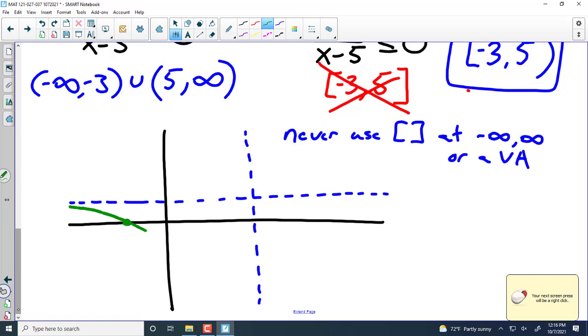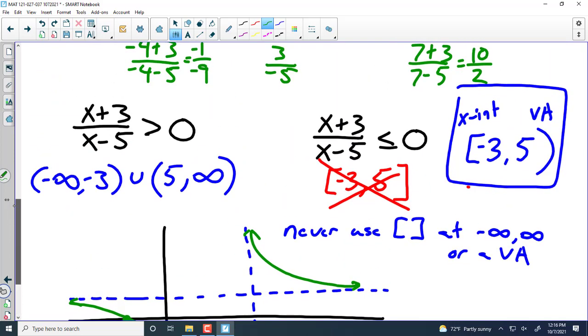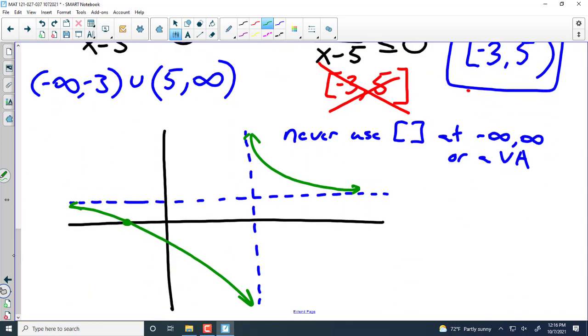And what the graph does is sort of like this. And if I'm asking where we are below the x-axis, then we are below the x-axis starting here at -3 and all the way upwards towards 5, but we never actually get to 5.